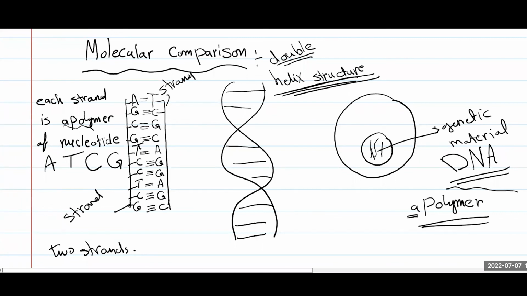Right? So DNA is a double helix structure. It has two strands, where each strand is a polymer of nucleotides, right?